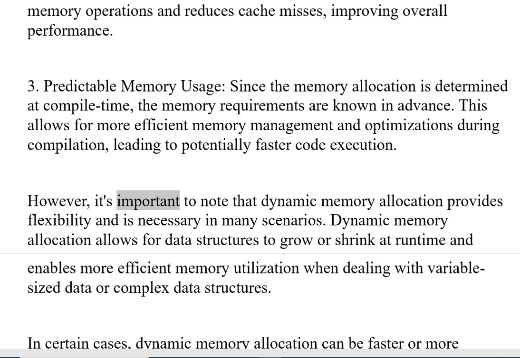However, it's important to note that dynamic memory allocation provides flexibility and is necessary in many scenarios. Dynamic memory allocation allows for data structures to grow or shrink at runtime and enables more efficient memory utilization when dealing with variable-size data or complex data structures.